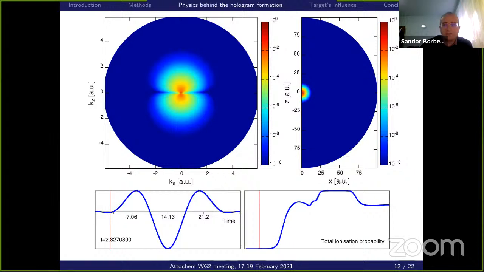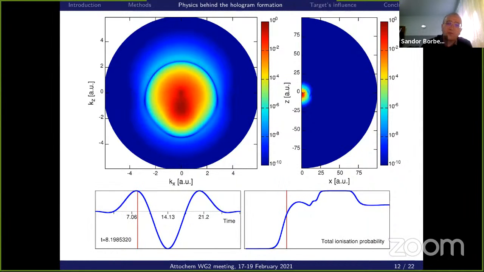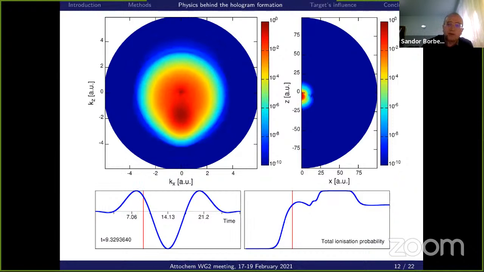As you start the simulation at low and moderate intensities, you see a very nice dipole-like photoelectron distribution. But as you increase your field intensity, you arrive at tunneling and over-the-barrier ionization, where you create a very large unidirectional and compact electronic wave packet, which departs from the core. You can see this here in this plot.